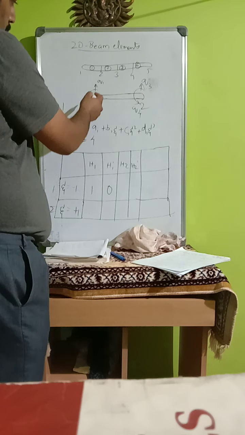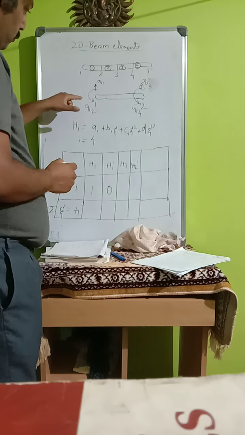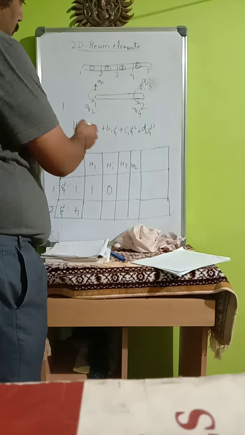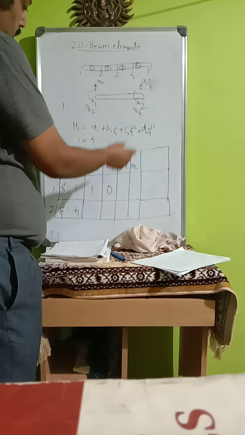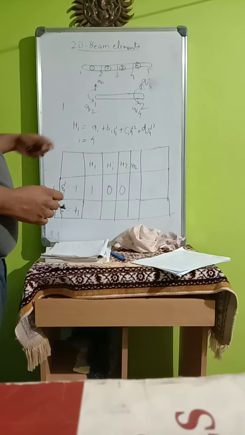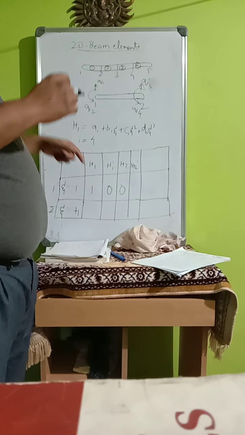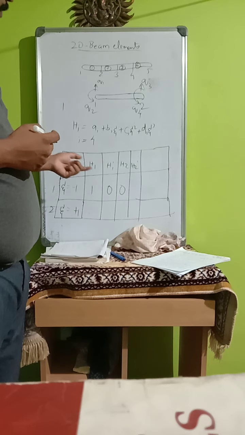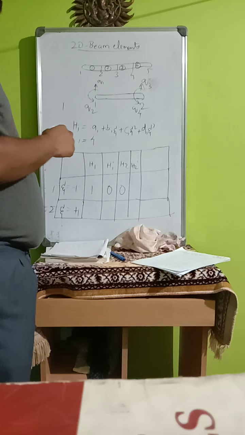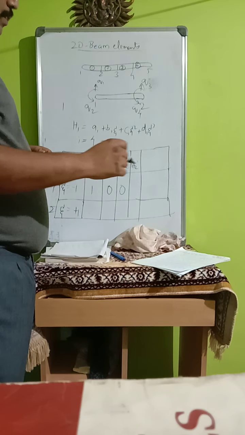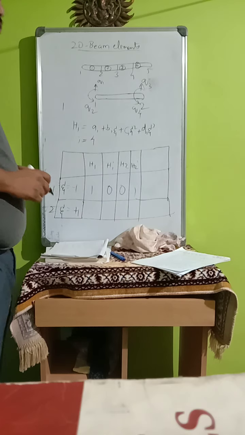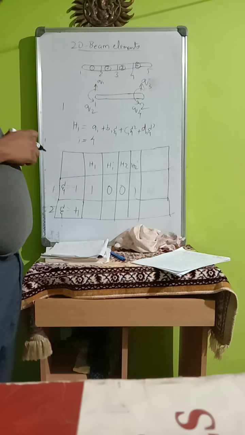Next comes the rotation, the q2 part. For q2, the displacement value h2 will be equal to 0, but the slope will be equal to 1. So h2 dash will have the value 1.